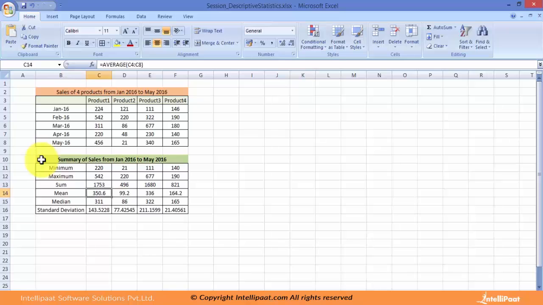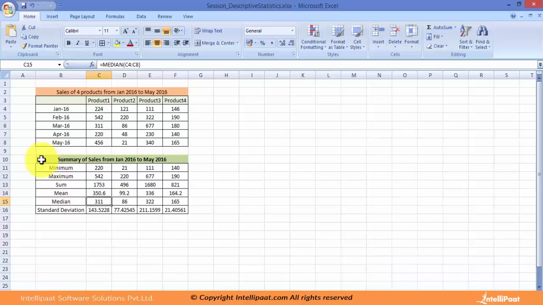Mean is the average of the sales that are happening. Average is the sum of all the sales from January to May divided by the number of months. Since I am looking at the data by months, it is the sum of these product sales divided by the number of months, that is 1753 by 5, which is 350.6. So the average number of sales that happened is 350.6.